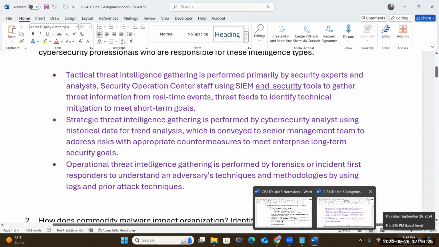So if we face a denial of service attack or some form of attacks or even malware incidents, this is where we would need to investigate and be able to build out the intelligence and understanding of the approach, the methods that were used in those attacks, and then be able to build out solutions to prevent future attacks, right? So that will be your operational threat intelligence.